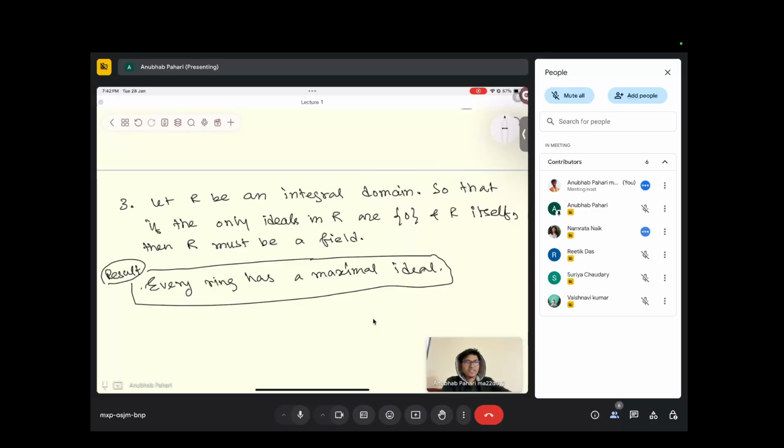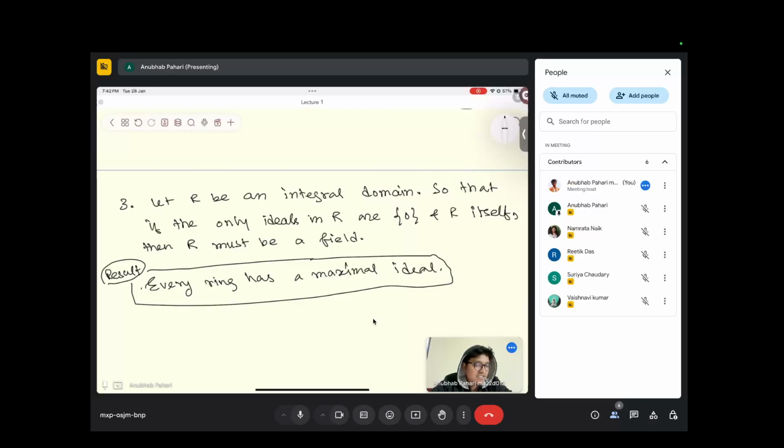Okay, let's forget about this problem. There is a standard theorem that one can prove by using Zorn's lemma, that every ring has a maximal ideal. We just take that for granted.